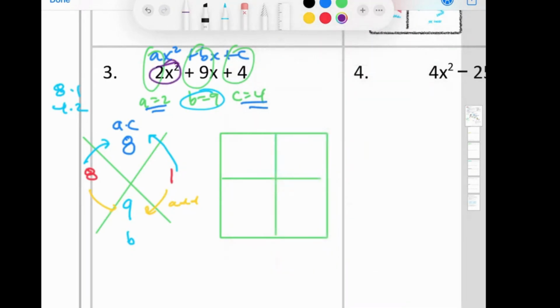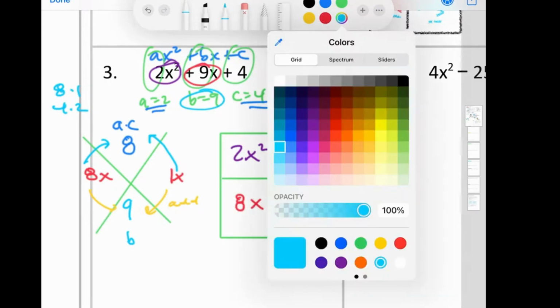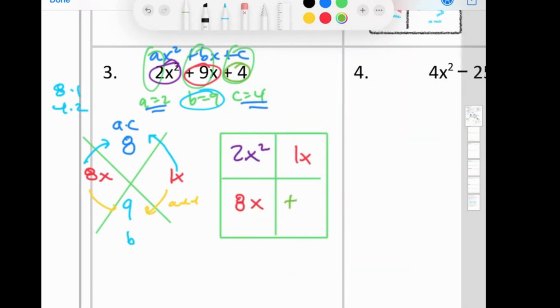This term will always go in the top left. The red ones are really this. See it? So 8x and 1x. And you remember what always goes in the bottom there? Yeah, this one, the plus 4.